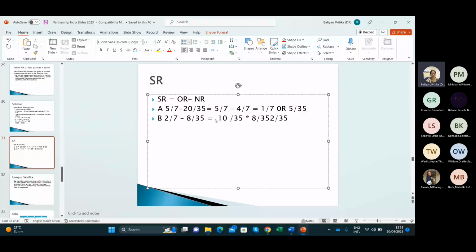When you have the same denominator, 10 minus 8, 2/35. So B sacrificed 2/35 and A sacrificed 5/35. That's how the portion for the new partner C is created.